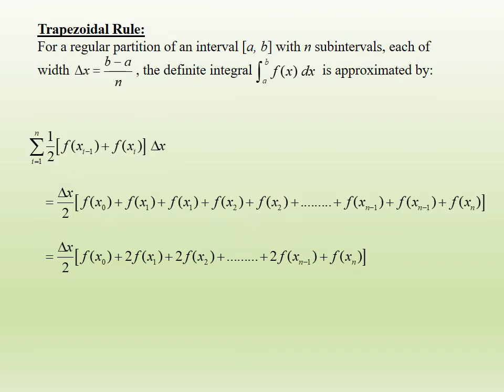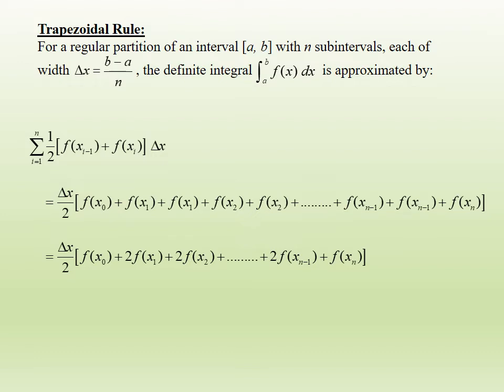For a regular partition of an interval a to b with n subintervals, each of which delta x equal to b minus a over n, the definite integral of f of x from a to b is approximated by the formula delta x divided by 2 times f of x0, plus 2 times f of x1, plus 2 times f of x2, plus all the way to 2 times f of xn minus 1, plus f of xn.